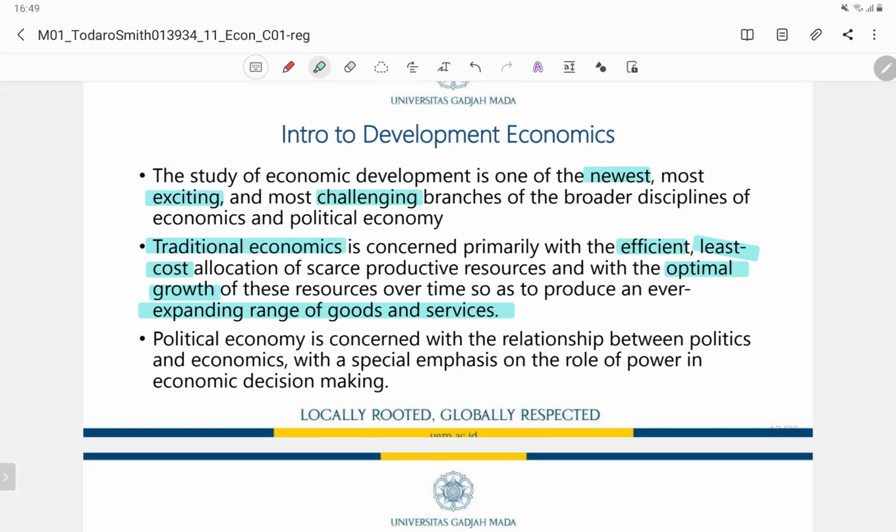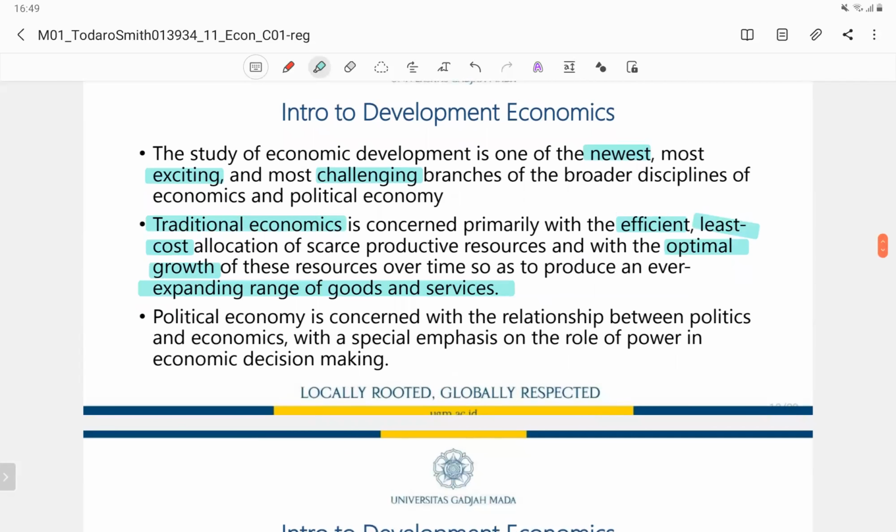The traditional economics main goal is usually optimization and efficiency, right? You have learned about it in the microeconomics course. You will see that we will want a combination of production which is least costly but has optimum results, right? So that's the traditional economics that we learn.